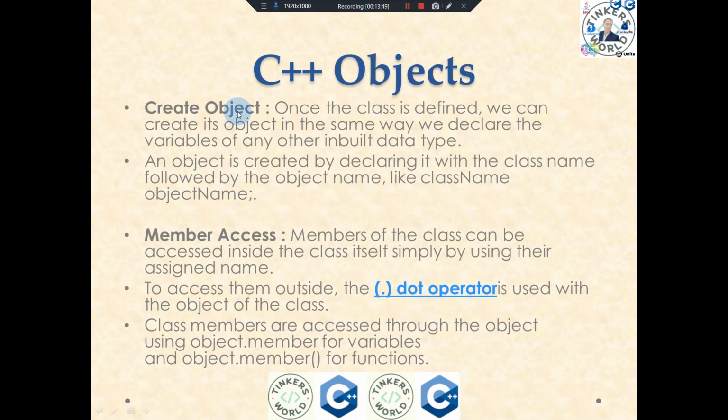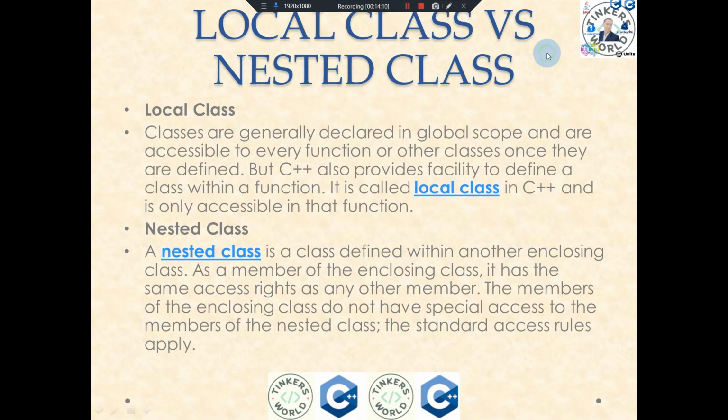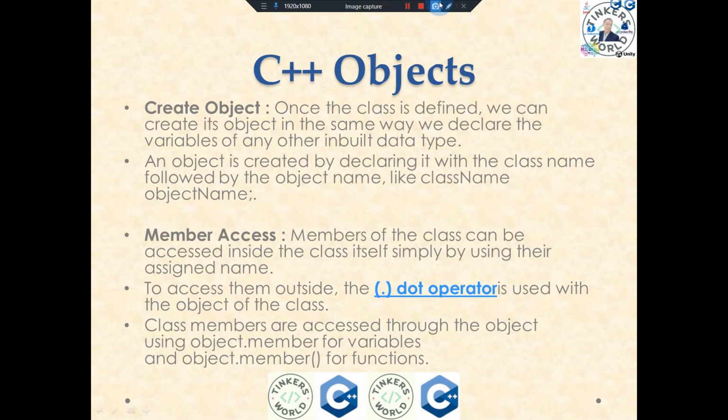So to create an object, once a class is defined, we can create its object in the same way as we declare the variables of any other inbuilt data type. So an object is created by declaring it with the class name followed by an object name. So the class name here and the object name. For example, hold on. For example, class name versus an object name.